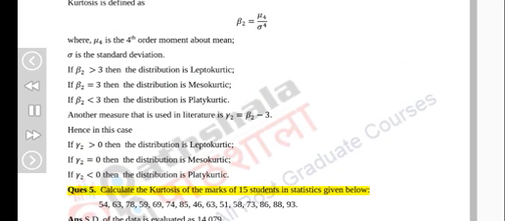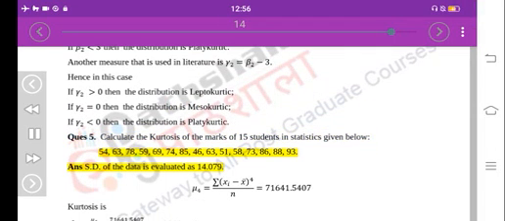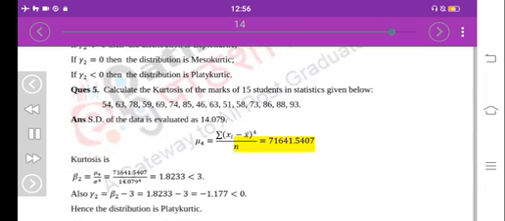Case 5. Calculate the kurtosis of the marks of 15 students in statistics given below: 54, 63, 78, 59, 69, 74, 85, 46, 63, 51, 58, 73, 86, 88, 93. Answer: the SD of the data is 14.079. Mu 4 equals 1 by n times the summation of (xi minus x bar) to the fourth, which equals 71,641.5407.